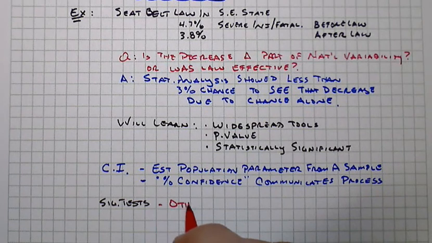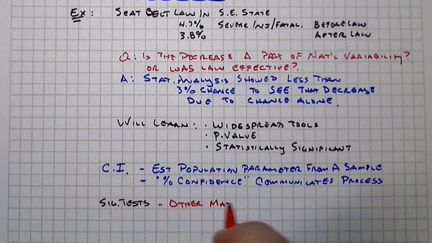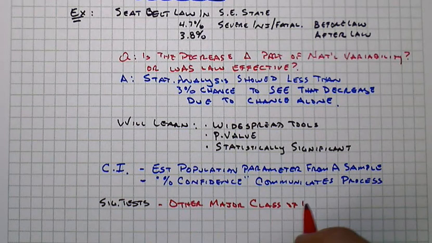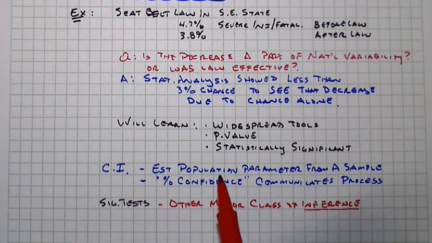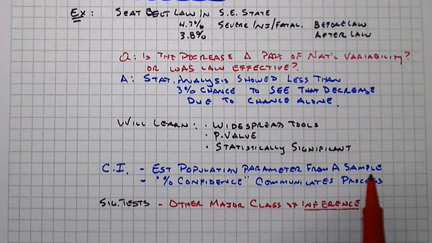where this ultimately is the other major class of inference, right? That key word there, inference, being that with confidence intervals we inferred something about the population from the sample. And this other major class here are these significance tests or hypothesis tests, where we're aimed at a different goal.